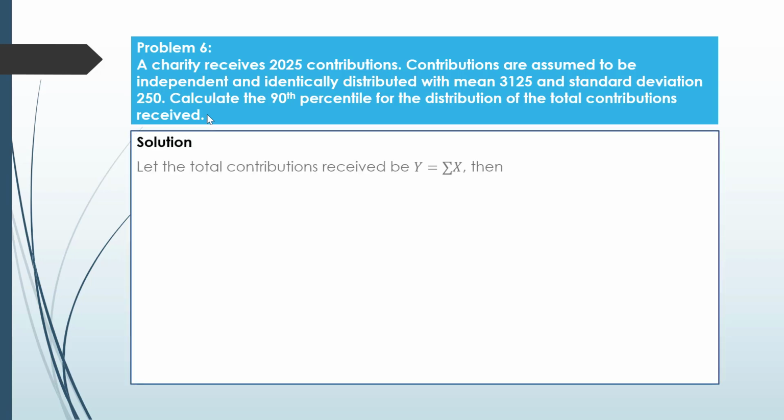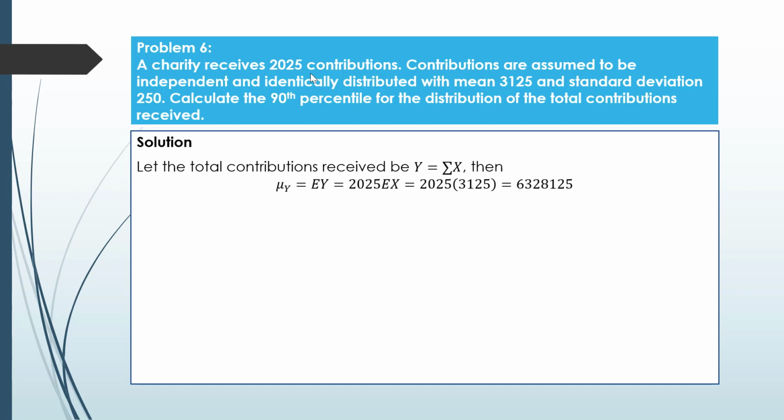So the total contribution received Y is the summation of X. Then Y here would follow a normal distribution because of the central limit theorem. Remember, whenever you see a large number of random variables, you have to think about the central limit theorem.